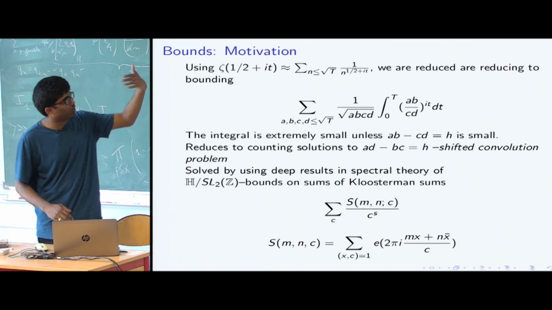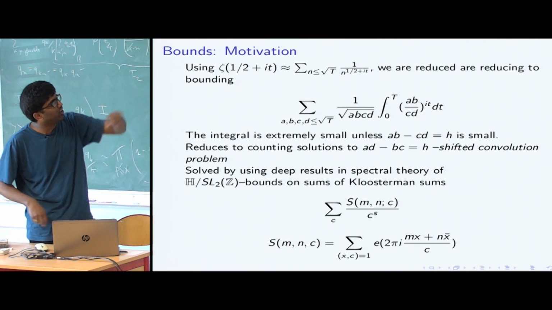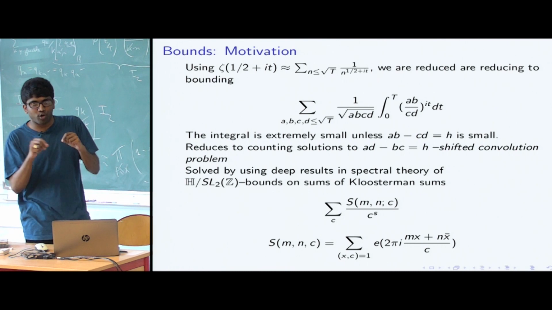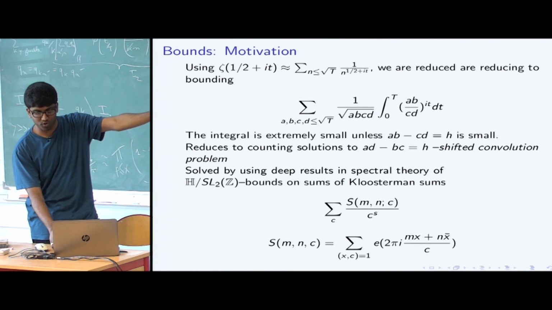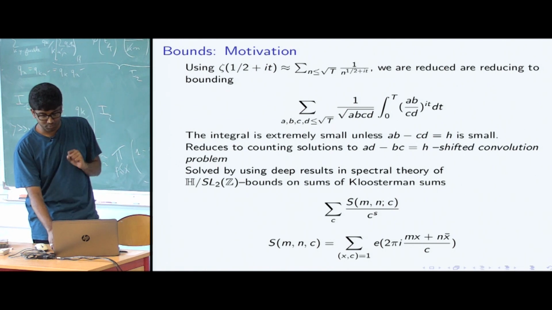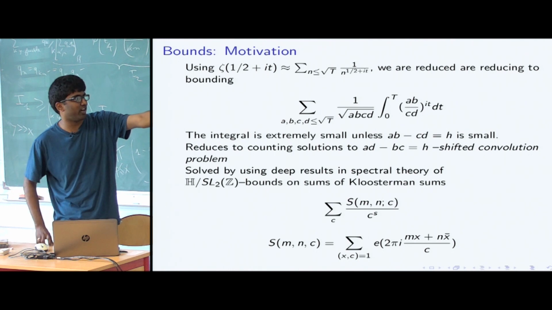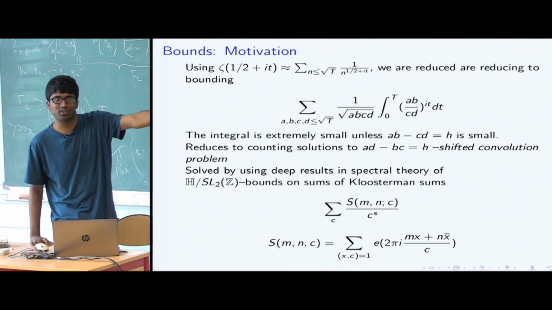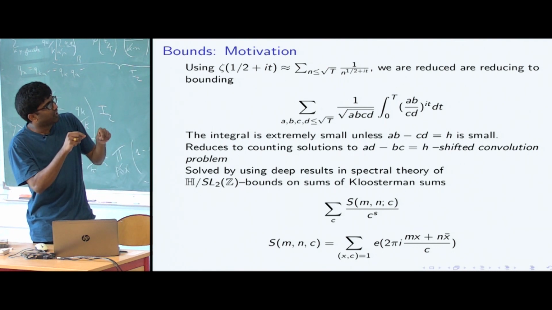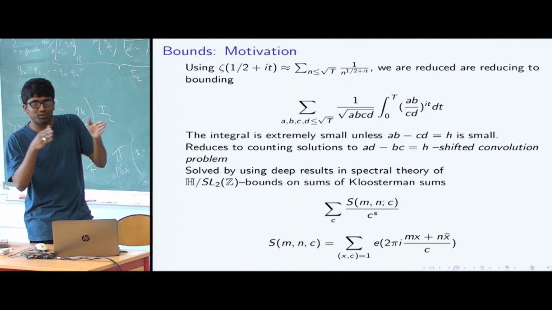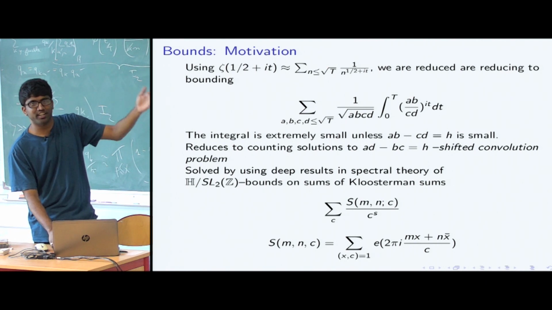Or, a more hands-on way to think of it is that counting points on this equation can be related to sums called Kloosterman sums. Kloosterman sums are these exponential sums, e((m x bar + n x)/c), and you are trying to understand the sizes of these exponential sums for varying c. Okay, this is a very hard problem.